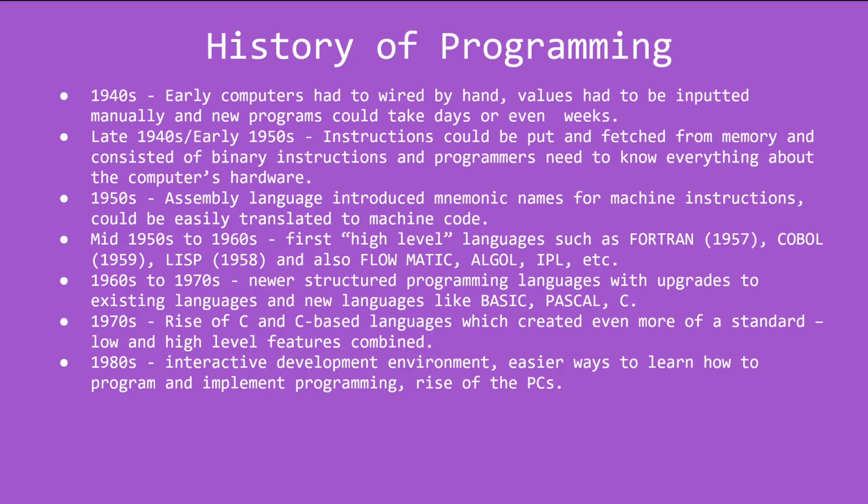The late 1940s, though, early 50s, you got to a point where instructions could actually be put in and fetched from memory and consisted of binary instructions. Programmers needed to know everything about the computer's hardware, but there was a lot less wiring at this point. Eventually, by the 1950s, you had assembly language, which introduced mnemonic names for machine instructions that could be translated to machine code.